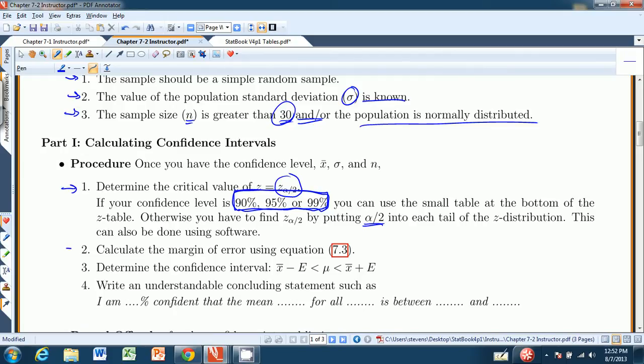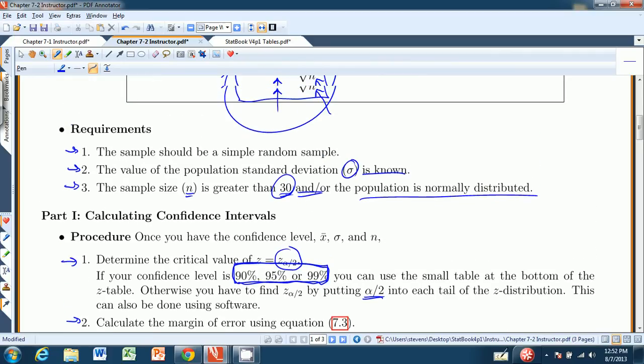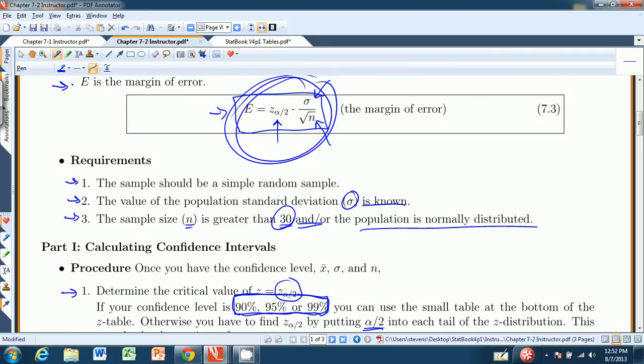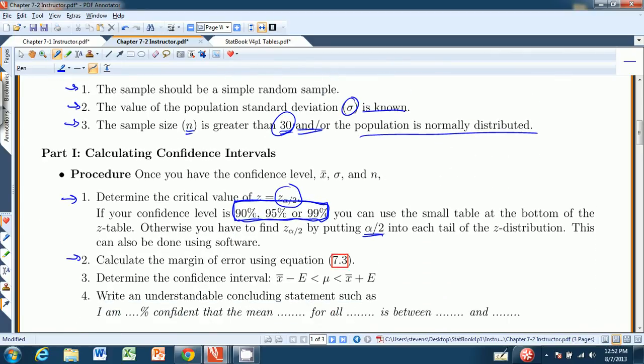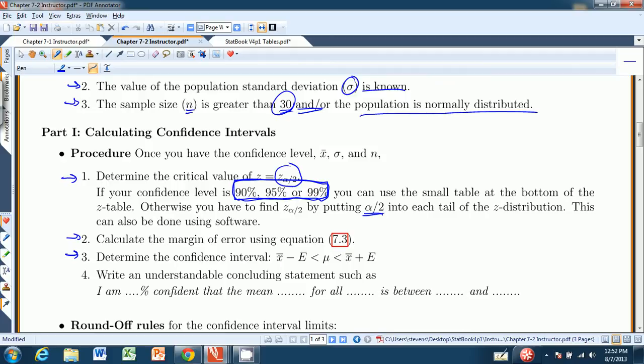Then you want to calculate the margin of error using this equation right up here, 7.3. You determine the confidence interval by taking the sample mean minus the margin of error, the sample mean plus the margin of error, and then sticking mu in between. That tells us we suspect that the population mean is between those two values.